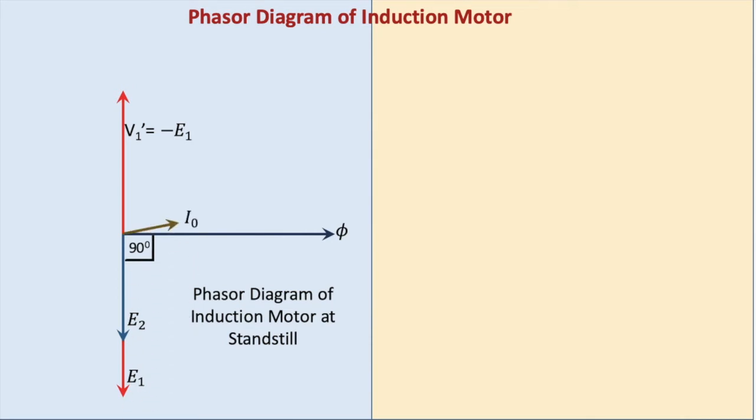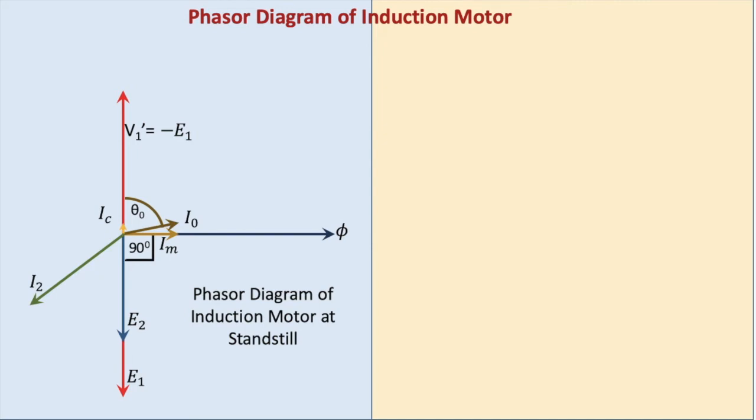We have got the no load current. The no load current will be divided into two parts, and theta 0 or cos theta 0 is the no load power factor. Then we have got the magnetizing component of the no load current, the core loss component of the no load current, and then we'll see what is the secondary current or the rotor current drawn by the rotor at no load.